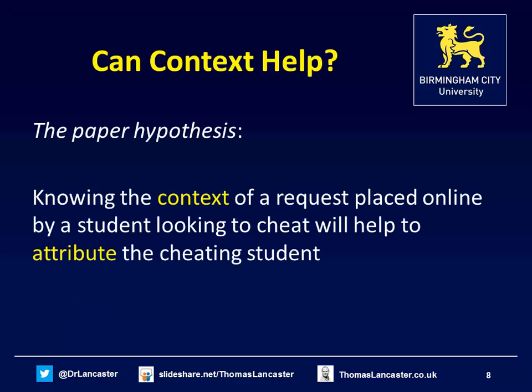The hypothesis from the paper is that if we can identify the wider context from a request placed by a student online on an agency site, then that will help us to attribute the student who is cheating. There is a whole host of contextual information available there which a detective can see, but which I believe an automated system can help us to gather and find and to intelligently process.